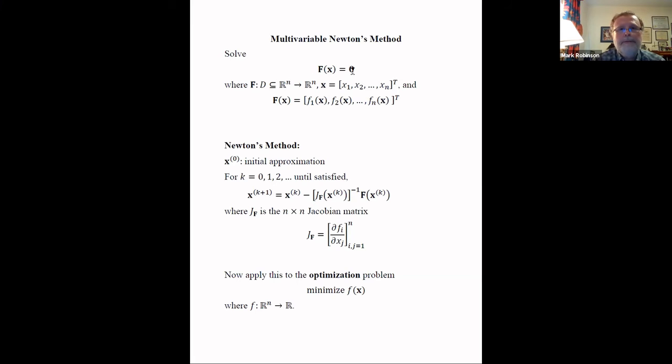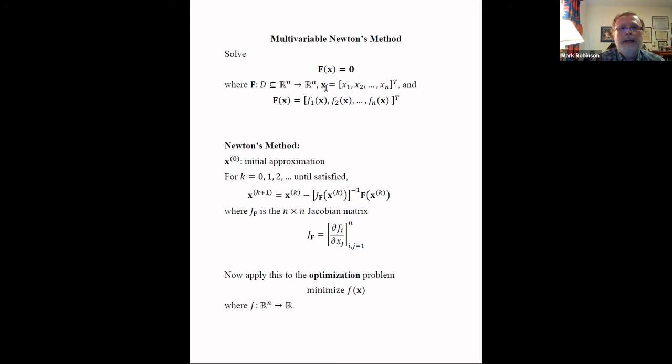Here I've written f of x equals 0, but you notice the bold font here, we're talking about vectors. So the function f in this case is a vector valued function of a vector variable x. The function f is mapping from some subset of n-dimensional space back into n-dimensional space.